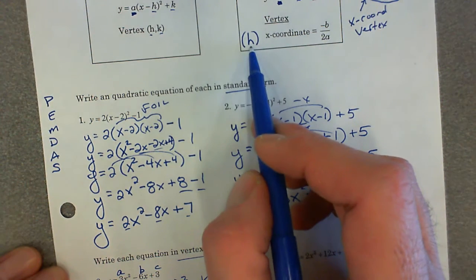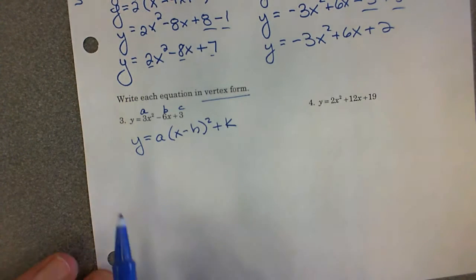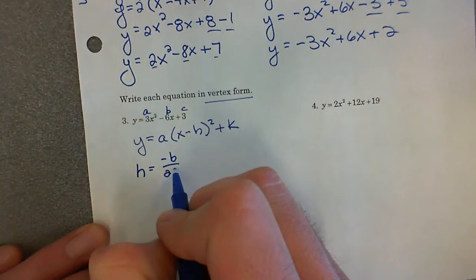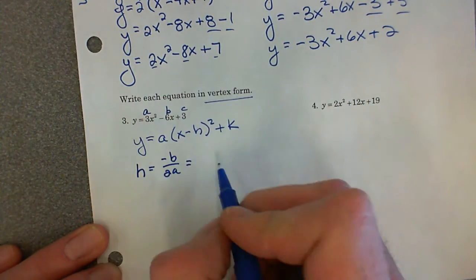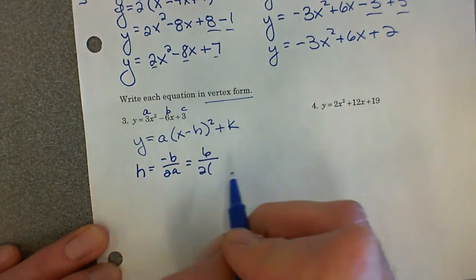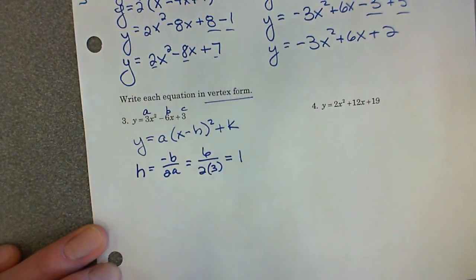The h value, which is the x-coordinate of the vertex, is the opposite of b over 2a. So h equals the opposite of b over 2a, which in this case, the opposite of negative 6 is positive 6, over 2 times a, which is 3. So this is 6 divided by 6, which is 1. So my h is 1.